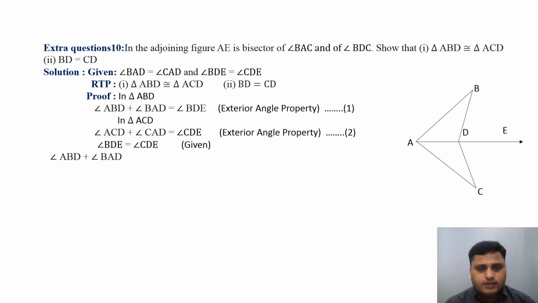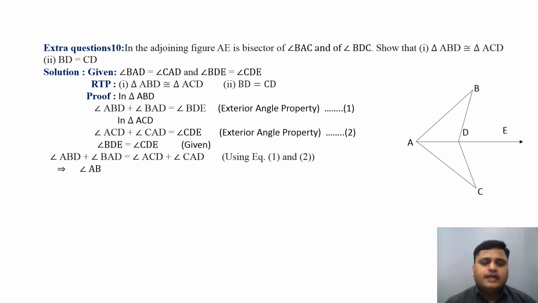This is also given. So both will be cancelled, angle BAD and angle CAD, because both are given. So it implies that angle ABD is equal to angle ACD. Till this point it is clear? Okay, because it is already given angle BAD is equal to angle CAD.